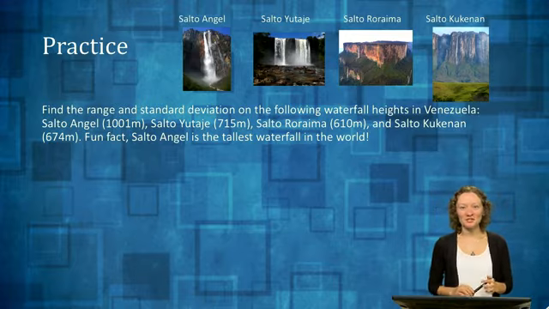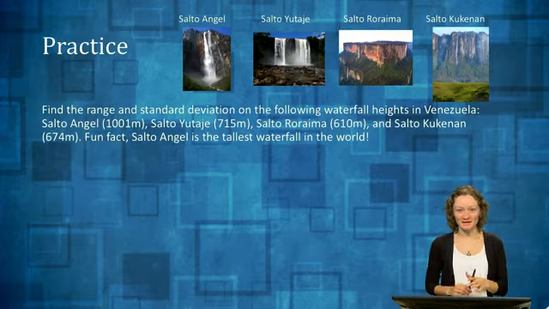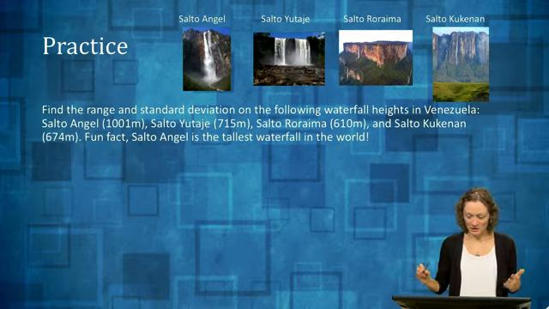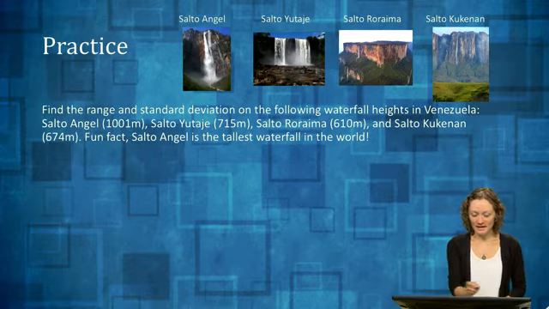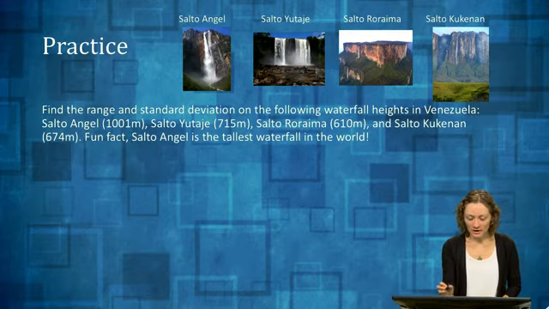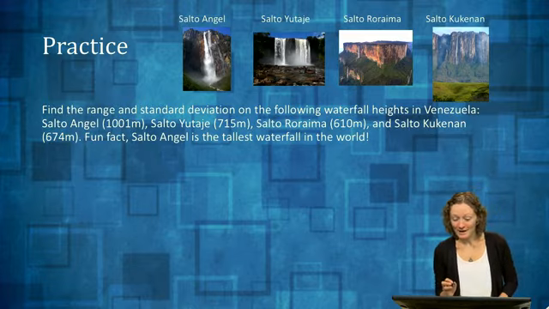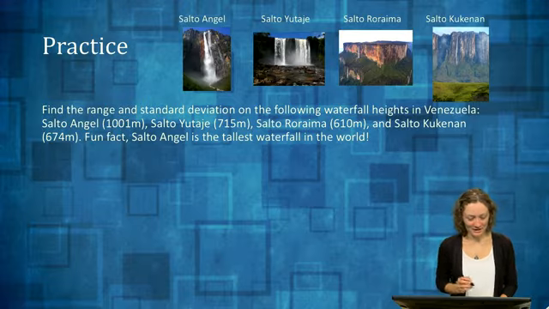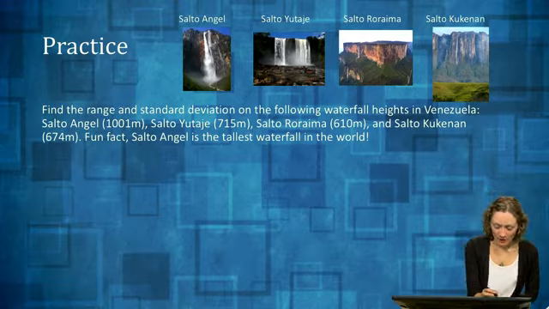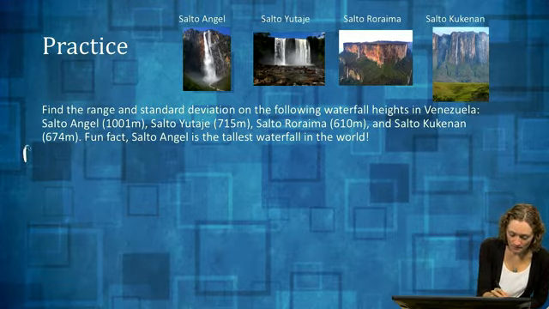All right, so after much calculator computation, you're ready to see if you have the right answers. So let's go ahead and go through these. This data is on waterfalls that are in Venezuela: Salto Angel, Salto Utaje, Salto Roraima, and Salto Cucanan, and their respective heights in meters. All right, so let's start with range.